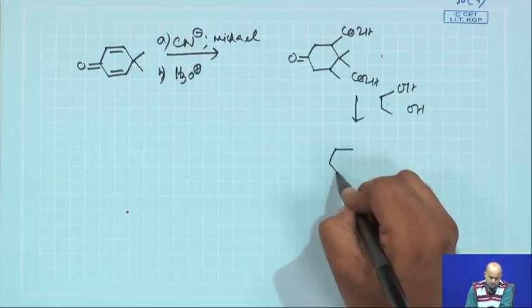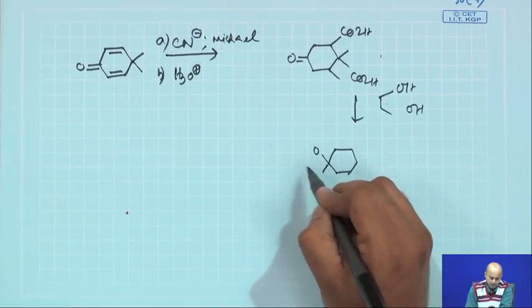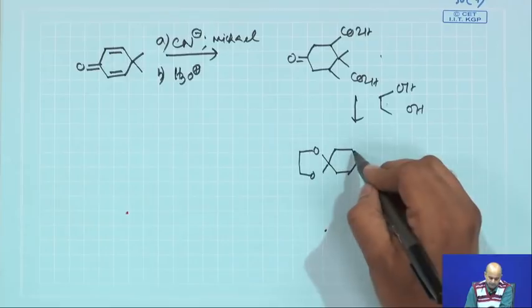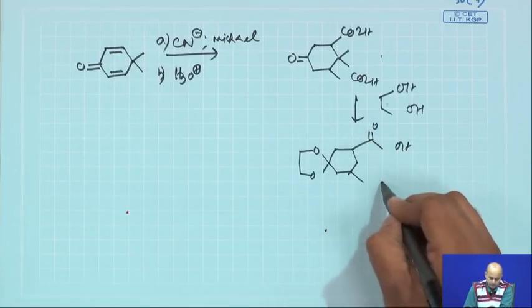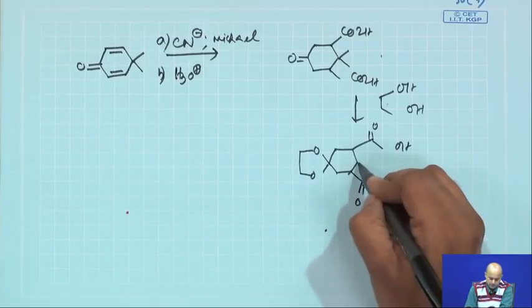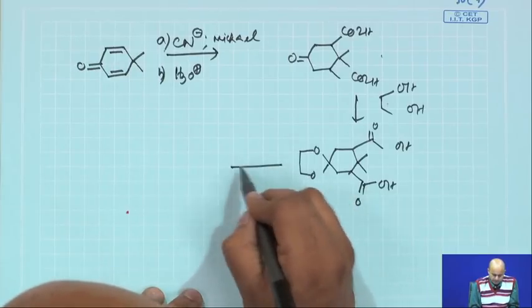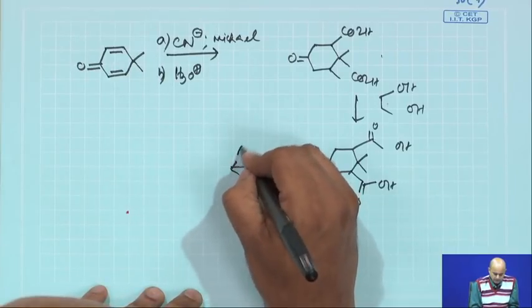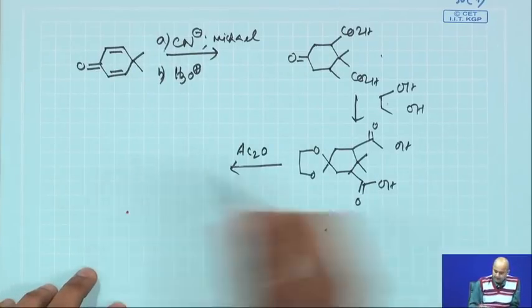So, this will give you this ethylene glycol as it is. Your carboxylic acid is here, carboxylic acid is here, sorry, C double bond OH, and you have this dimethyl. Now, this dicarboxylic acid was basically treated with acetic anhydride to give you the corresponding anhydride.